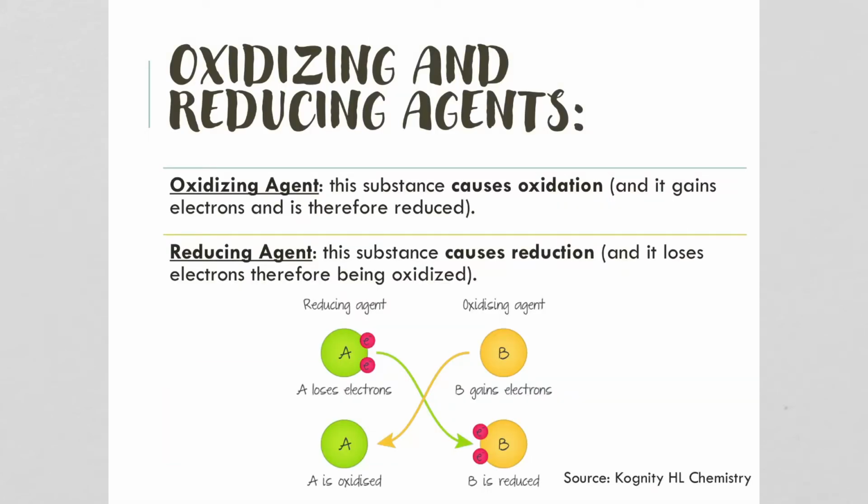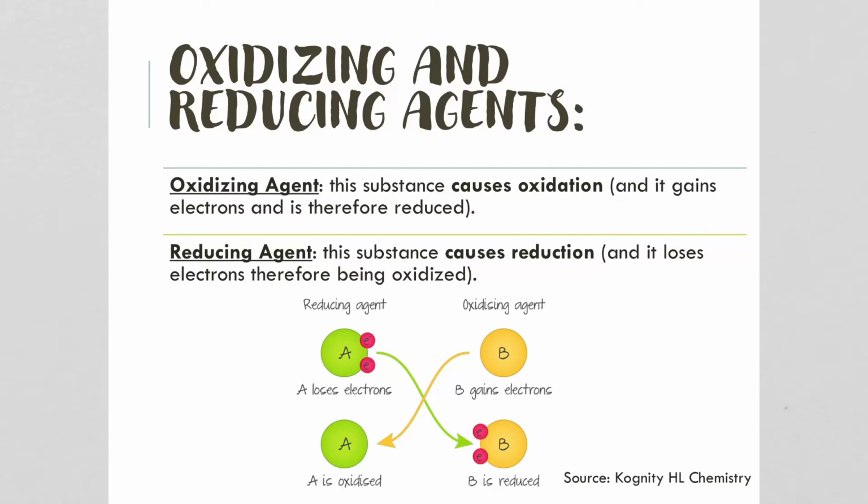Sometimes you'll be asked to explain or identify the oxidizing or reducing agent. The oxidizing agent is the substance that causes oxidation, and it gains electrons and is therefore reduced. So remember, if something is being oxidized, something else is being reduced. The oxidizing agent is the thing that's being reduced and it's causing the oxidation of the other thing. And then the reducing agent is the substance that's causing reduction.